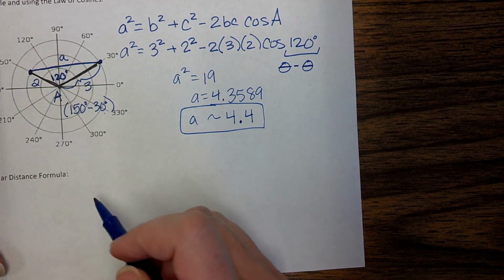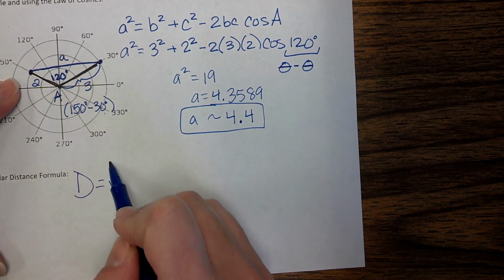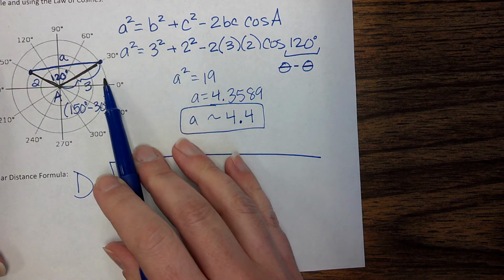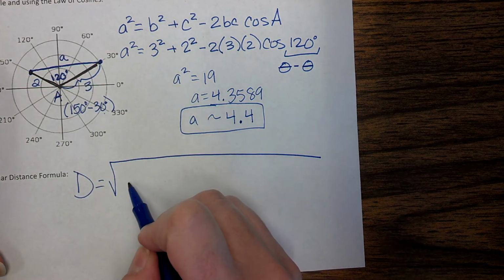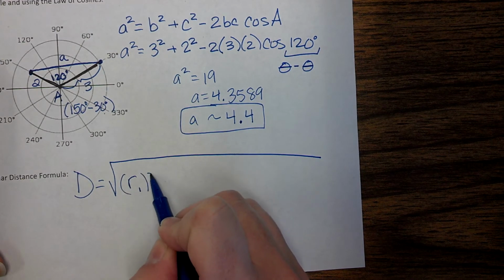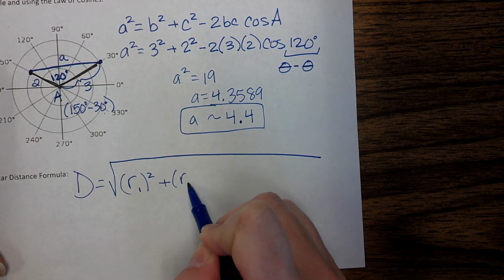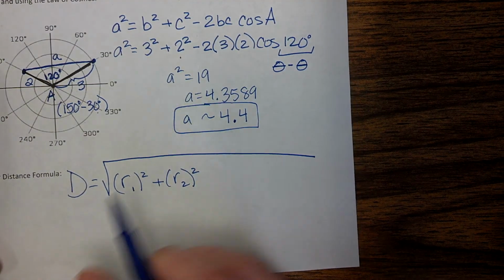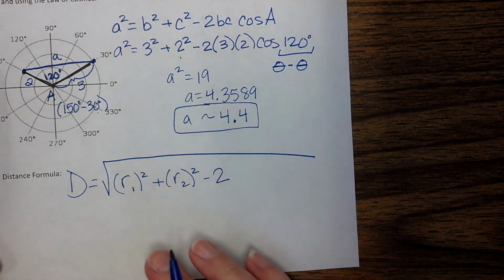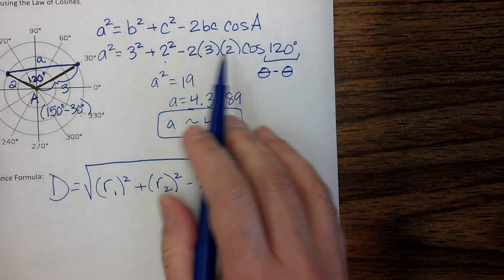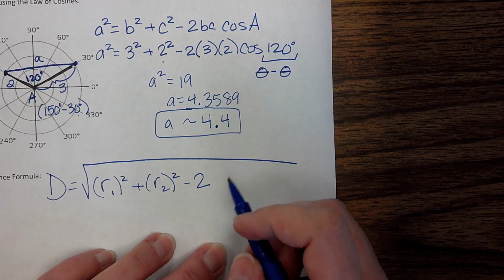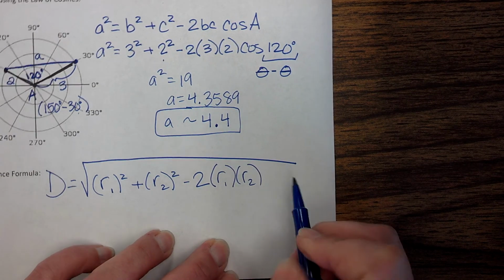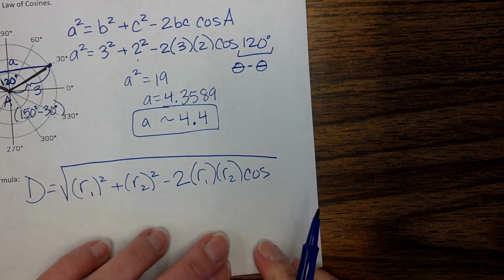So here's the polar distance formula. It's going to be the square root of the first radius squared, plus the second radius squared. Those two, that's where the 3 and the 2 came from, minus 2, that's always part of the formula, times the two radii, times the cosine of the angle.